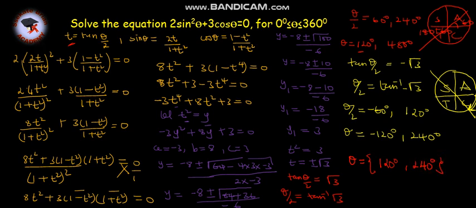Now students, negative 120 is below 0, therefore this one will be out. And also positive 480 is above 360, therefore it will also be put outside. And the required solution is 120 and 240.